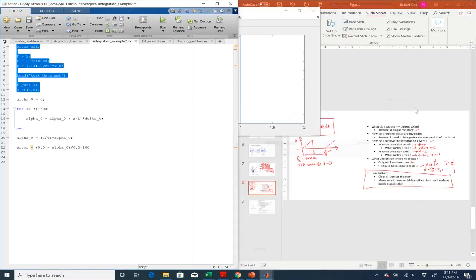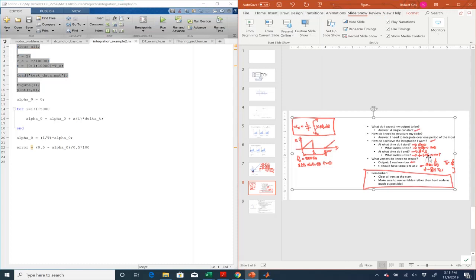So it would appear that 0.998, or t of 5,000, is basically what I was looking for, which is 1 time step, 1 t sub s value before 1 second.